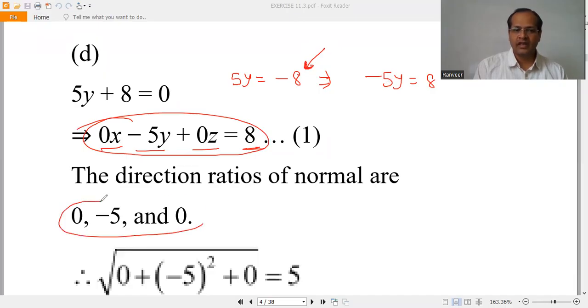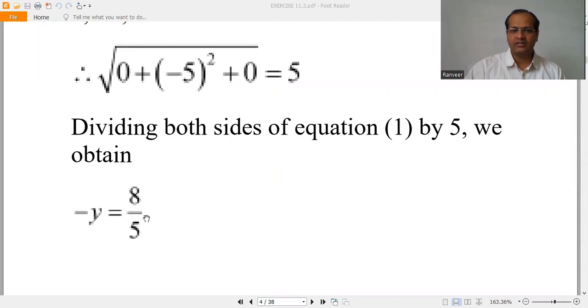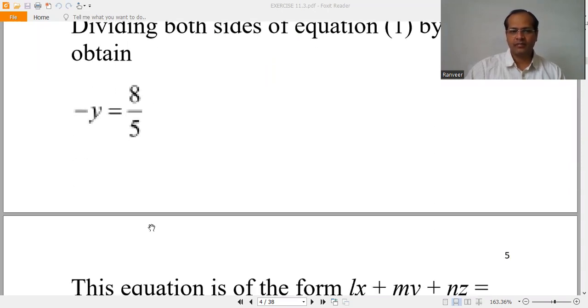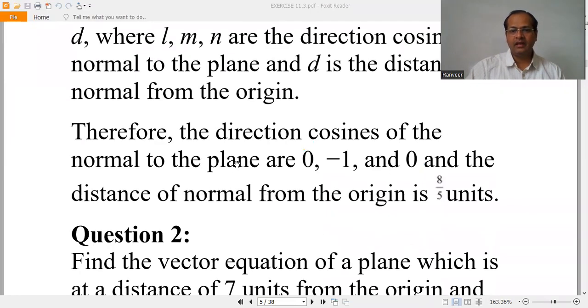So 0, minus 5 and 0 is nothing but the direction ratio. We take the square of these values, then take the root, which is 5, and divide by it. So minus 5y by 5, equal to 8 by 5. So 0, minus 1 and 0 is nothing but the direction cosine of the given plane, and 8 by 5 unit is the distance of normal from the origin.